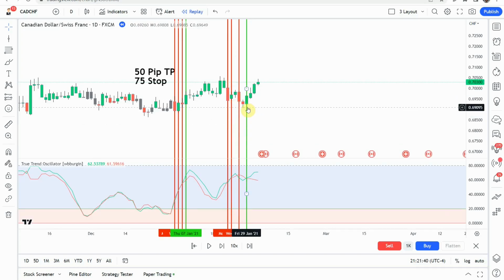So we get stopped out on those 3 and then finally pick up a long that pushes to the upside, getting us to our take profit.